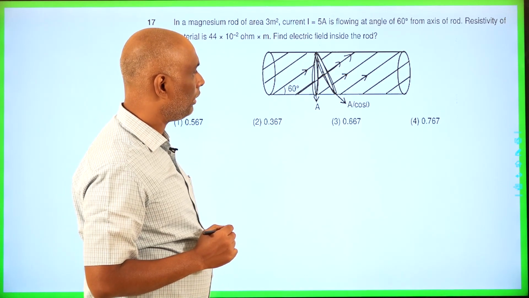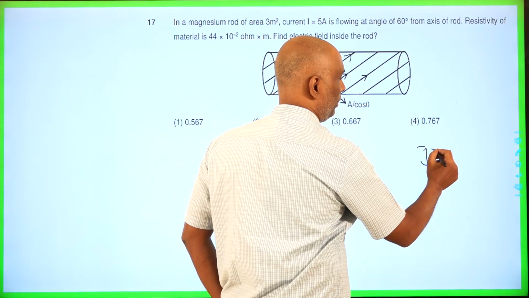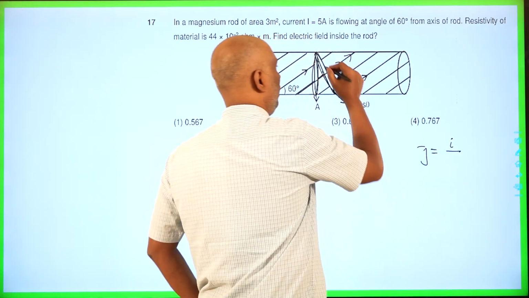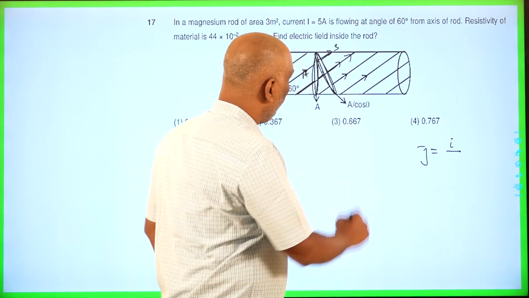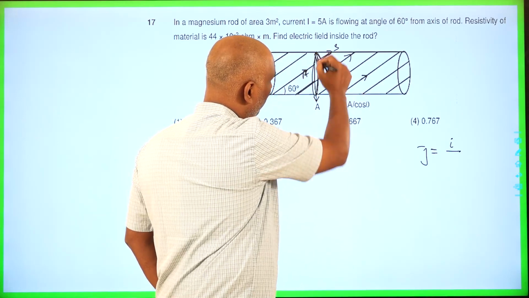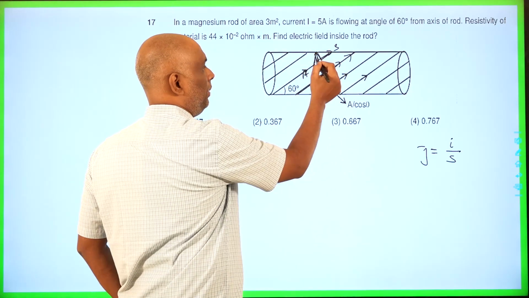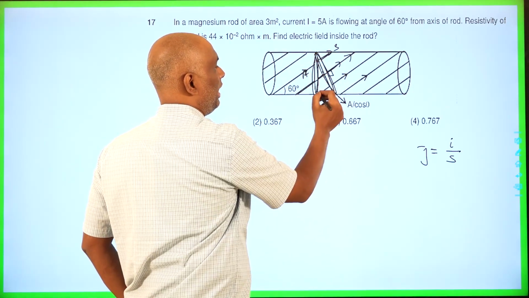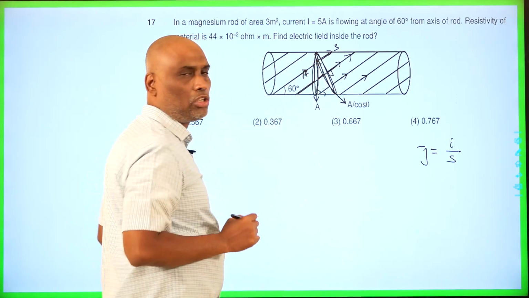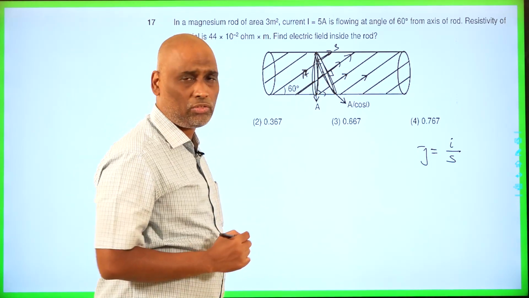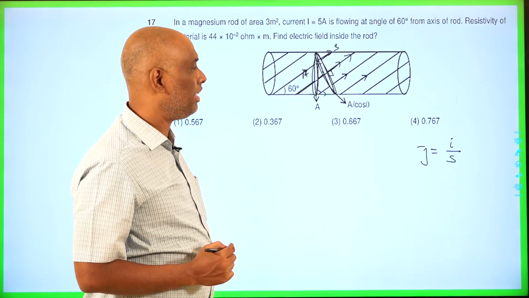Current density is given by J equals current divided by the area normal to the direction of current, which I call S. The angle between these two is 60 degrees, so cos theta equals A divided by S, and S equals A divided by cos theta.